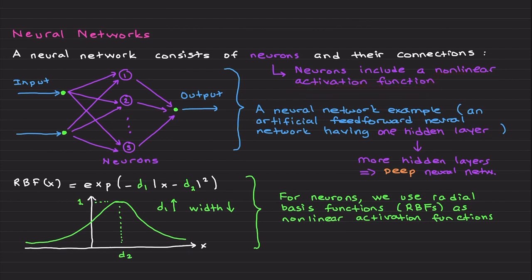So this example is a neural network, more precisely an artificial feed-forward neural network having one hidden layer. This is one hidden layer. You can have more hidden layers, and if you have more hidden layers, you can provide more inputs, and it will look something like this.